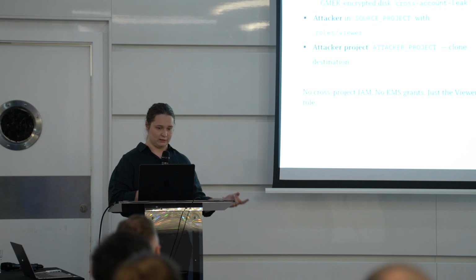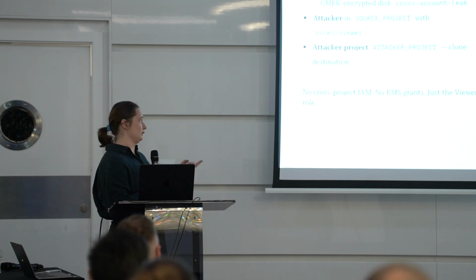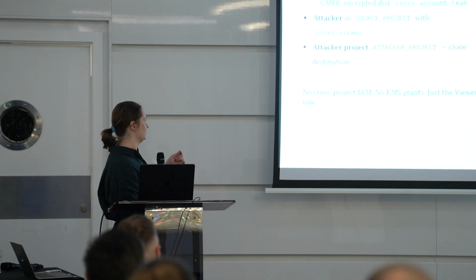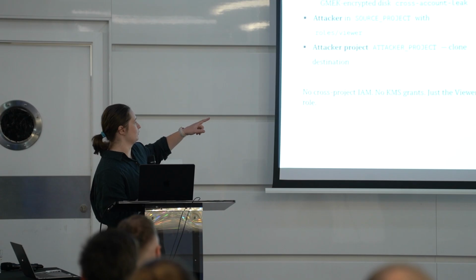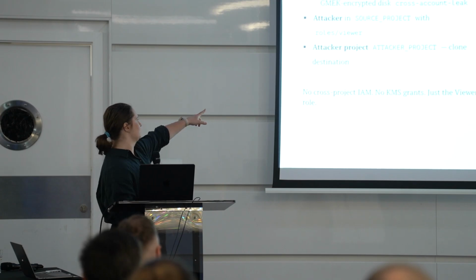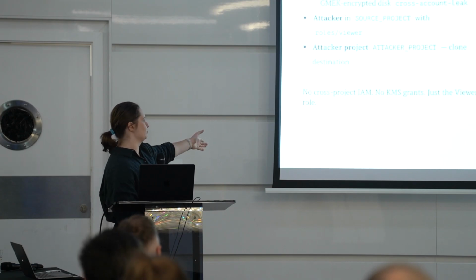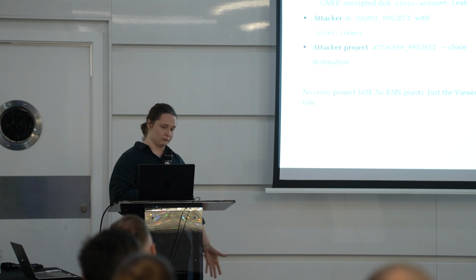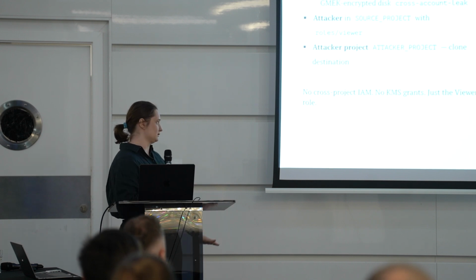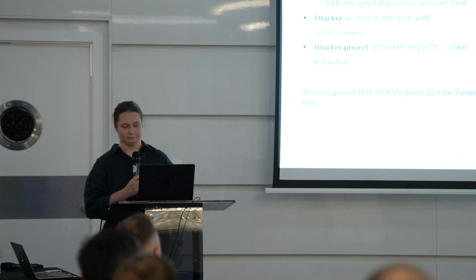And we have a principal. In our case, it's a service account that has just the role viewer. You can see it on the right. Just the role viewer on the source project. There is no more cross-project IAM, there is no KMS access, just the plain viewer role.